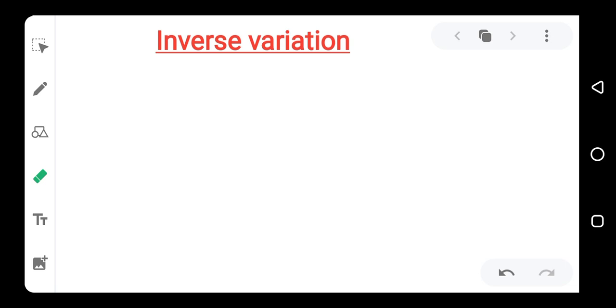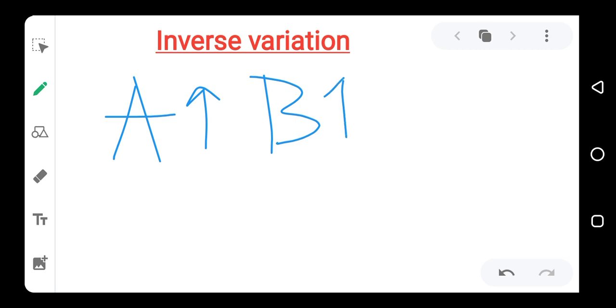So in direct variation, if we have two things, let's call them A and B. If A increases, this means increasing, then B will also increase. Now, if A decreases, that is going down, B will also go down or decrease.